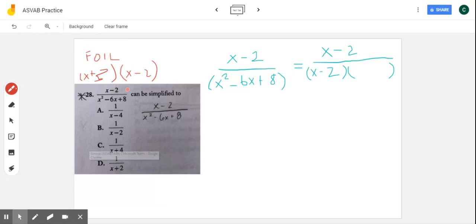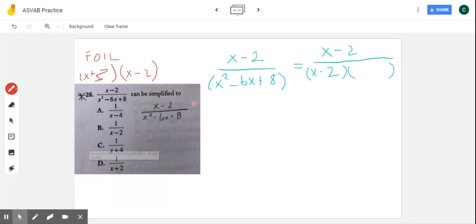So we have to do x times x, x times minus 2, 3 times x, 3 times minus 2, and so on. F is for first, so x times x, the first terms. O is for outer, this times this, then inner, this times this, and then the last terms, this times this.